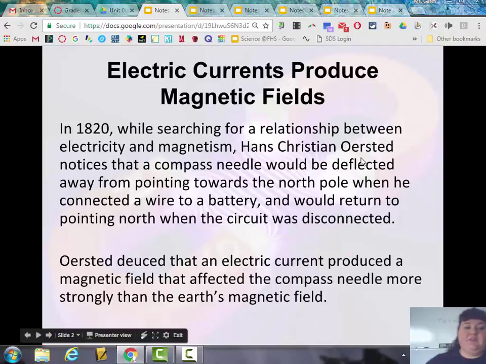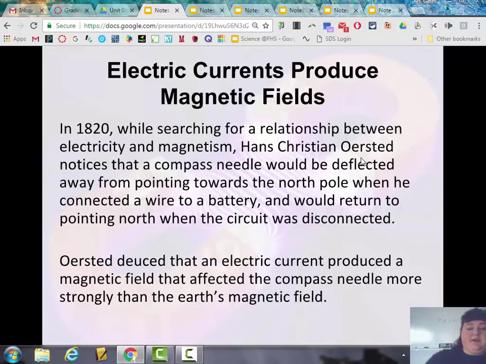So in 1820, Hans Christian Ørsted, when he was investigating the relationship between electricity and magnetism, noticed that when he had a compass sitting next to a current flowing through a piece of wire, the needle on that compass would deflect and move around.